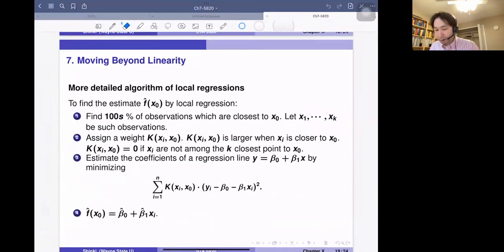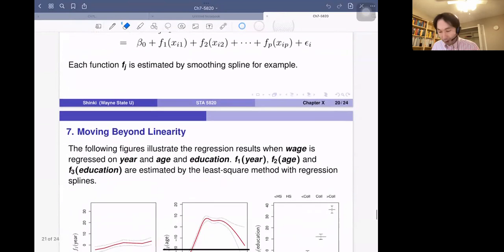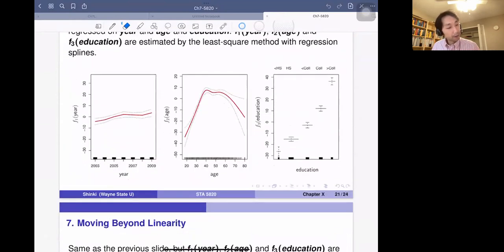Last time we did splines: polynomial regression, step functions, basis functions, regression splines, and smoothing splines. Today I want to do local regression and generalized additive models.